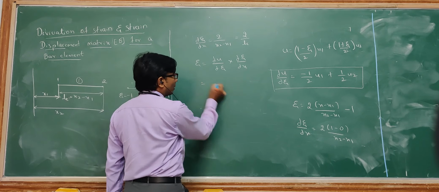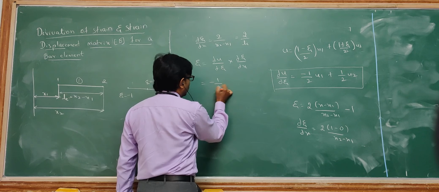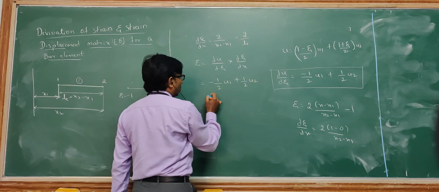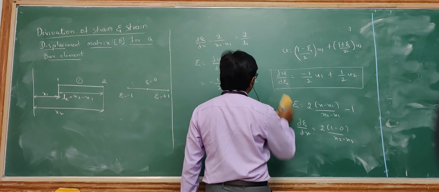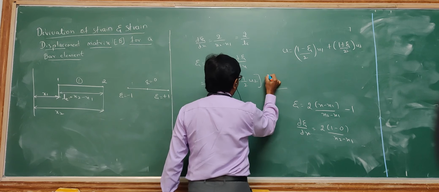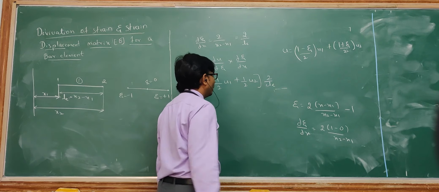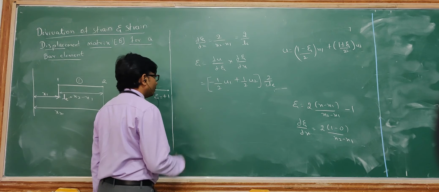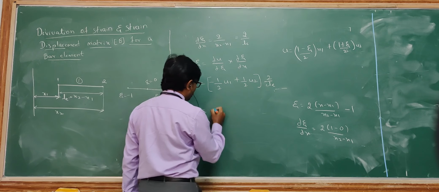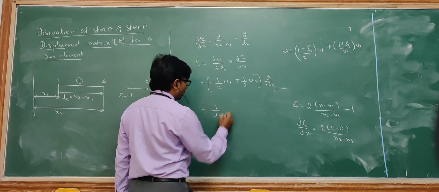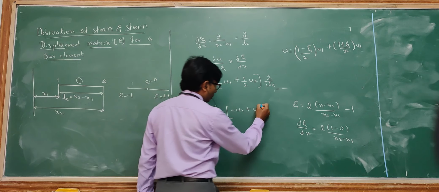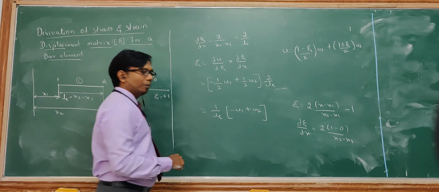Dou u by dou zeta is minus 1 by 2 u1 plus 1 by 2 u2, and dou zeta by dou x is 2 by le. So the 2 gets cancelled, and it remains as 1 by le into minus u1 plus u2.